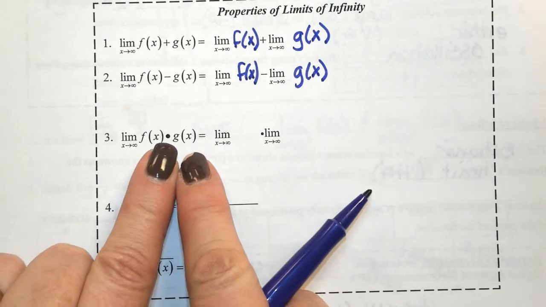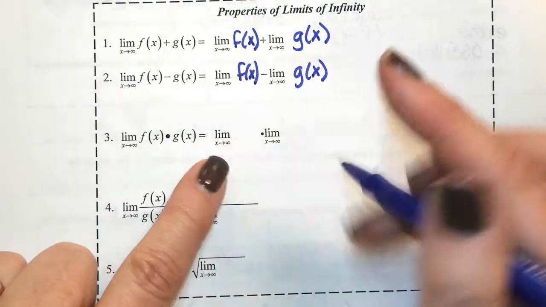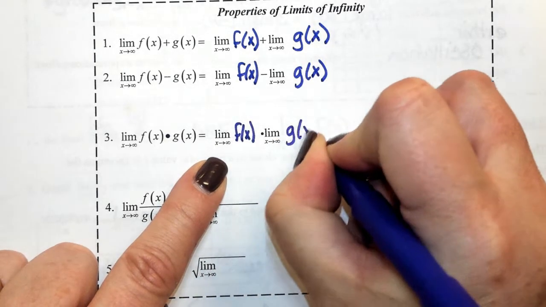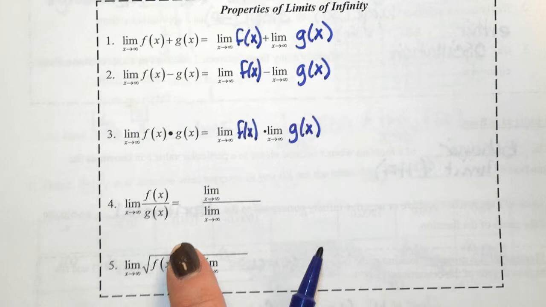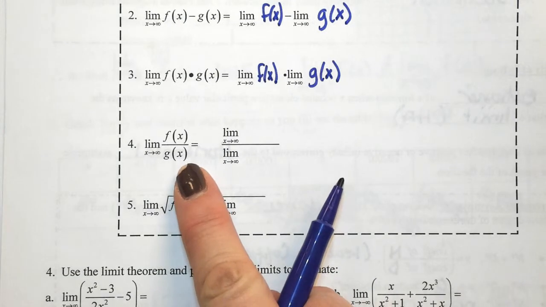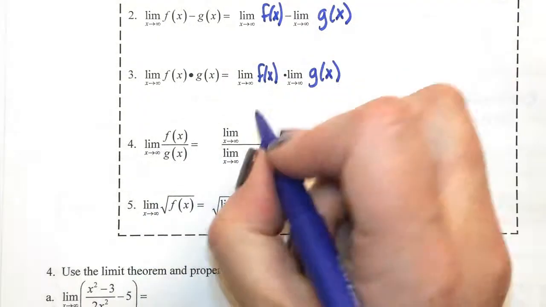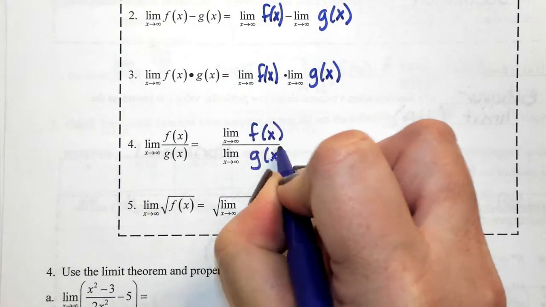Multiplication. If you want to find the limit of a product, you can find the limit of f of x and multiply it by the limit of g of x. So find the two limits individually and then multiply them together. You also have a quotient rule of limits. If you're asked to find the limit of a quotient, you can take the limit of the numerator and then divide it by the limit of the denominator.